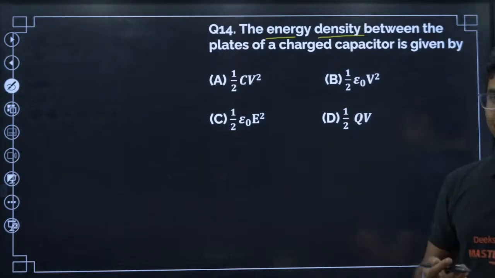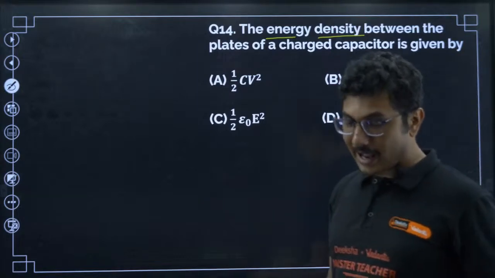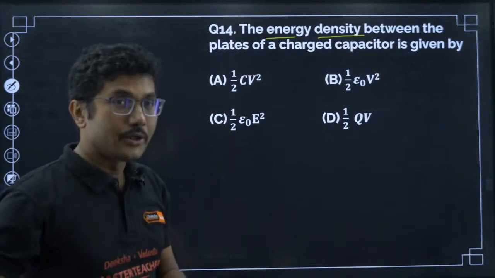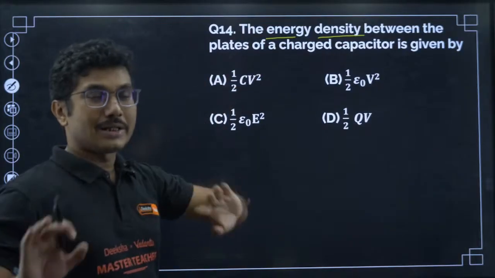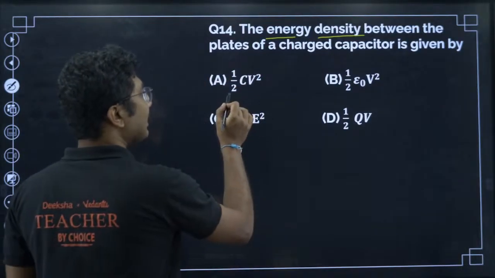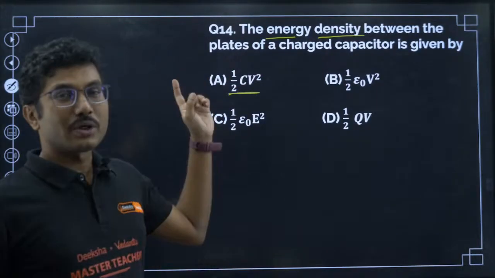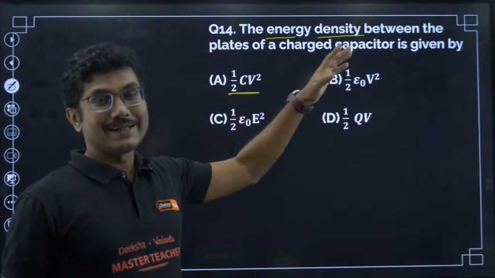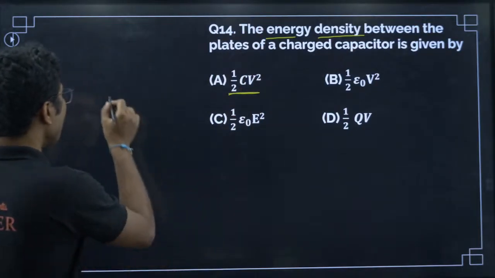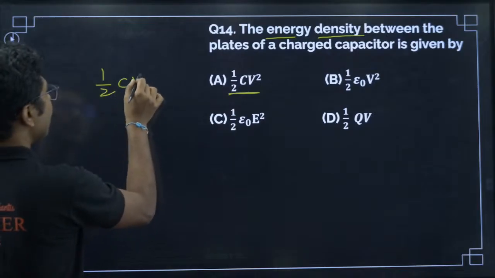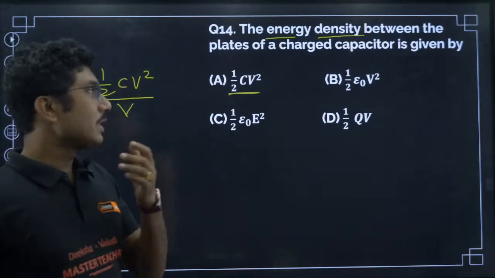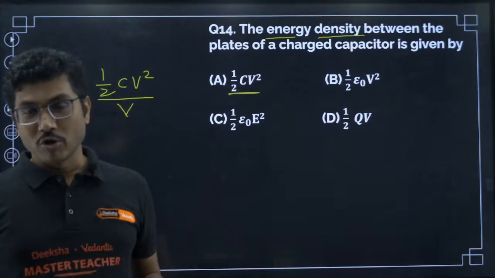So again, this was a trap, and again you fall for the trap. I already told you, this is the total energy stored. The energy density is the total energy stored divided by the volume of the capacitor.